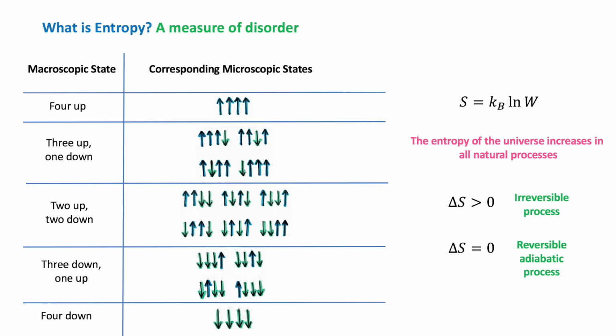So the second law of thermodynamics can also be stated as: the total entropy of an isolated system that undergoes a change cannot decrease. So it either increases for an irreversible process or it remains constant for a reversible adiabatic process.